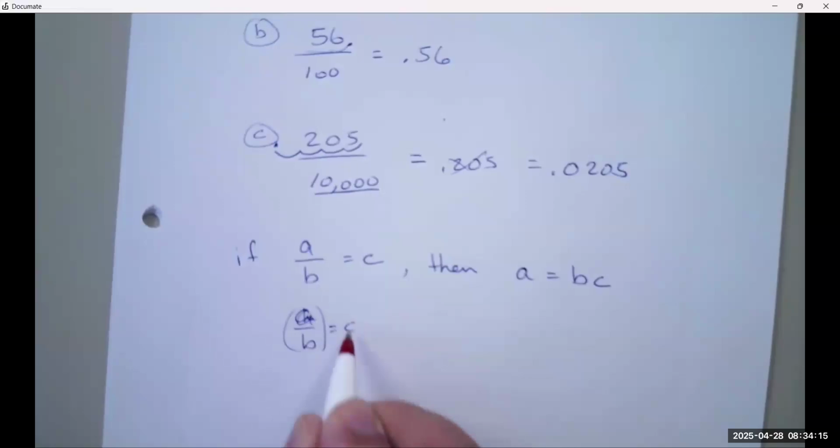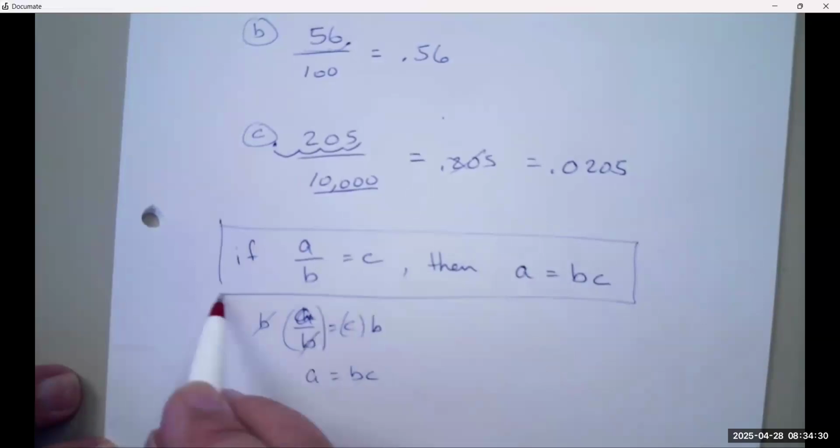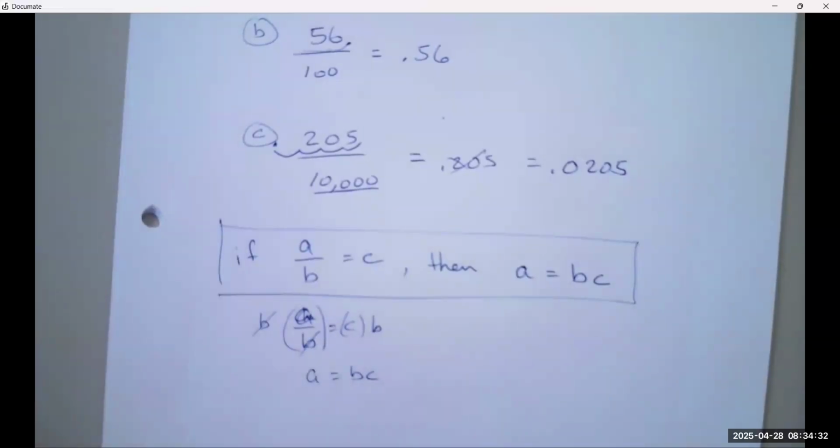If I multiply both sides by B, so in order for a fraction to work, this has to be true.